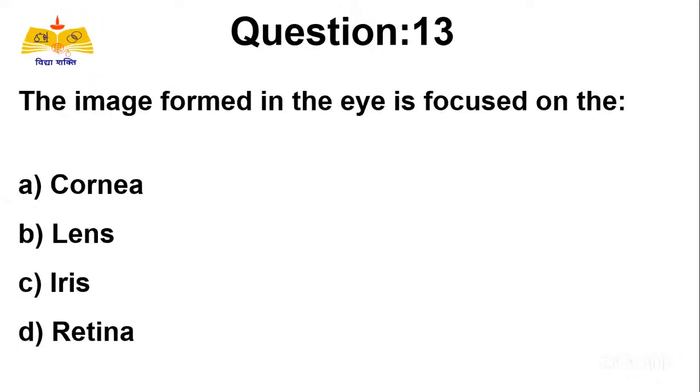The image formed in the eye is focused on the dash. A. Cornea, B. Lens, C. Iris, D. Retina.